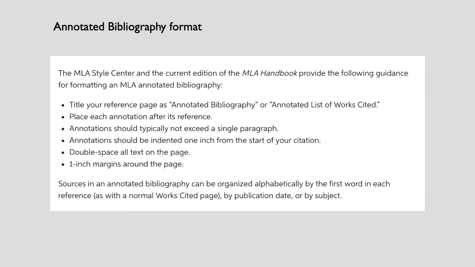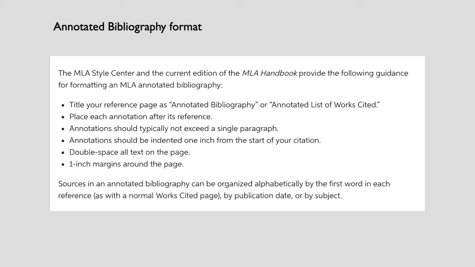So things like the author's last name, the date that it was published, who published it, the title of the article, all of those things. And then after that, you're going to put the annotation. Here it says annotations typically should not exceed a single paragraph, but as I said, I'm more concerned about you getting all of that information in rather than trying to jam it all in one paragraph and then leave out important stuff.